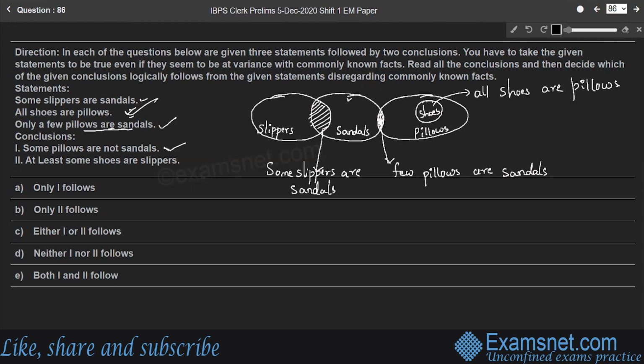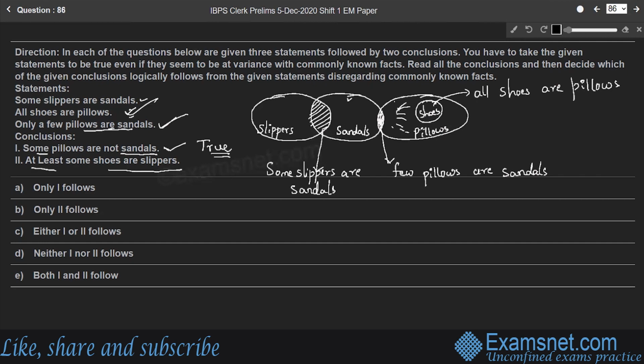Conclusion 1. Some pillows are not sandals. Here, statement 3, only few pillows are sandals. It is given. Only few pillows are sandals. So other portion of the pillows are not sandals. So some pillows are not sandals is true. Right? Because only few pillows are sandals. And second conclusion, at least some shoes are slippers.